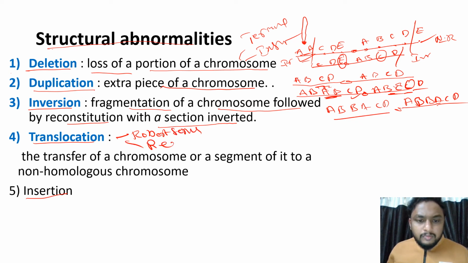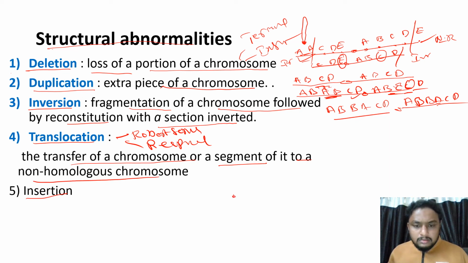Translocation is the transfer of a chromosome segment to a non-homologous chromosome. Imagine this is a chromosome with its centromere, and here you have another, different chromosome. So two chromosomes are there. In translocation, some portion of a chromosome is transferred to a non-homologous chromosome.